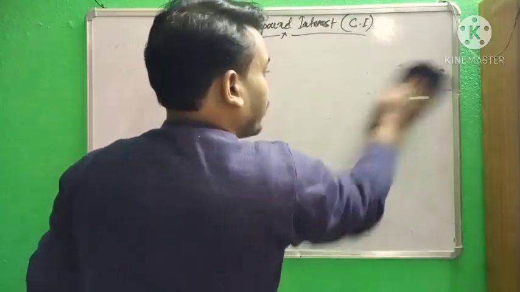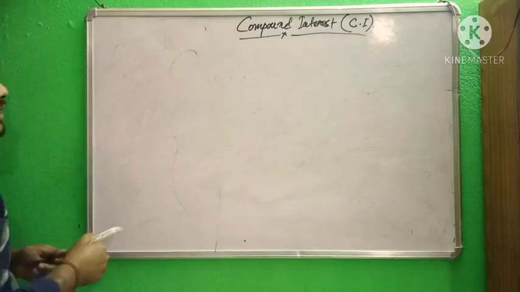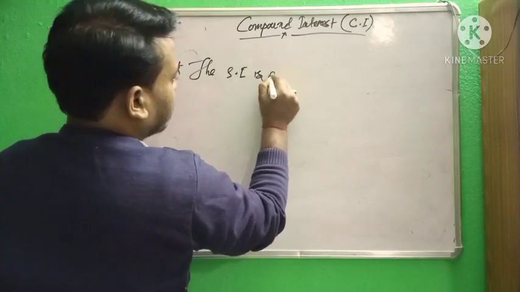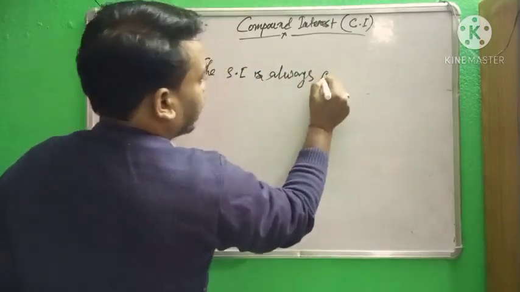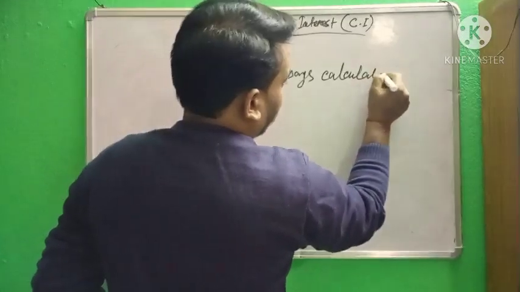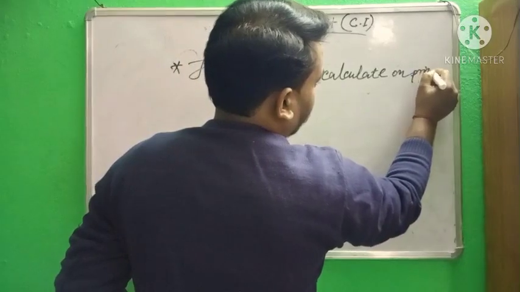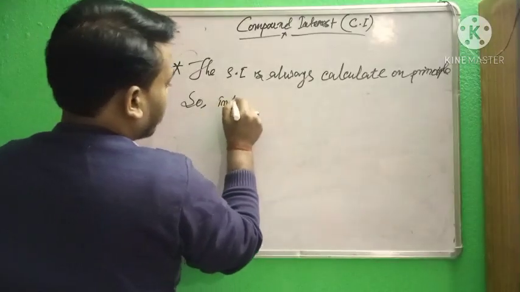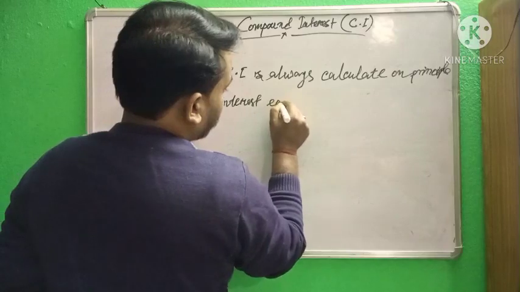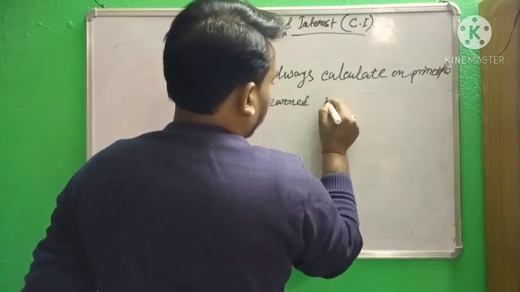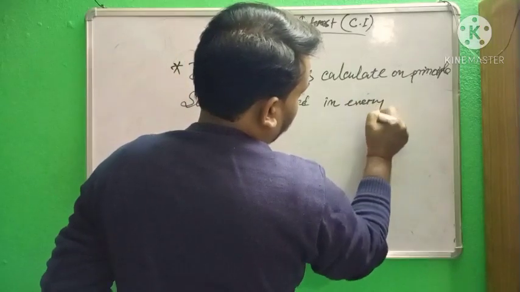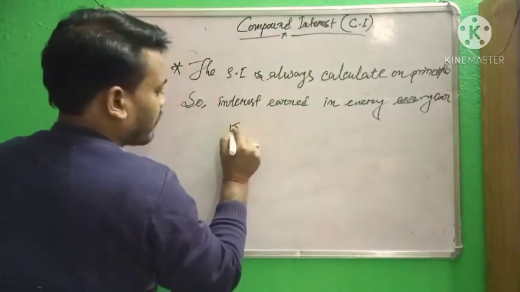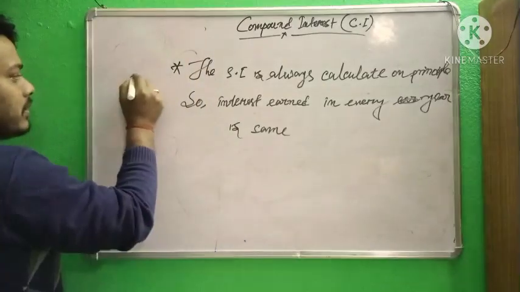If I give one note on simple interest, it is better: simple interest is always calculated on principal, so the interest earned every year is the same. It is for SI.